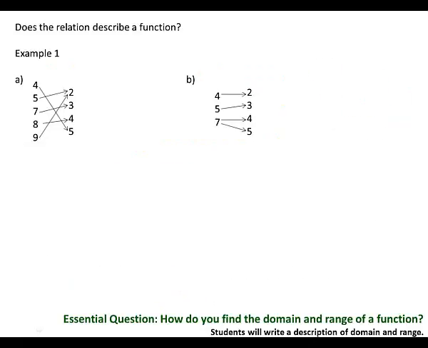Okay? Alright, so we're going to describe the relation. Does the relation describe a function? So remember, your key to doing this is you're checking that each x has only one y value. And then it's either yes, it's a function, or no, it's not a function. So, looking at example 1, and this is what we call mapping, okay, when you see these arrows.